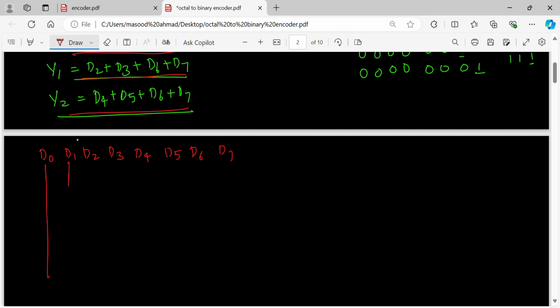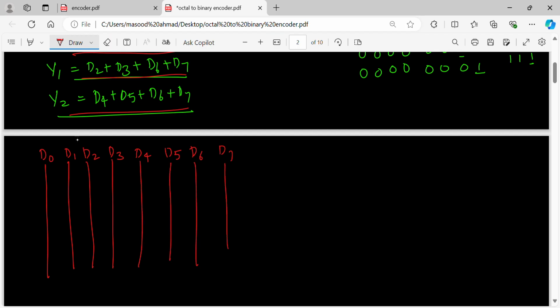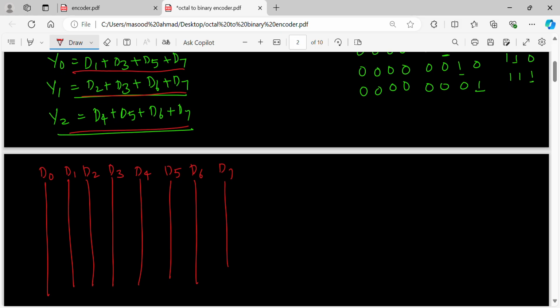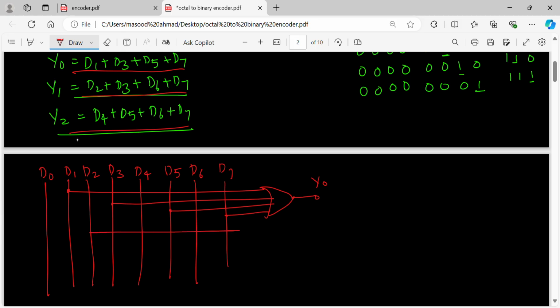These lines are available, and from these I build my outputs. For Y0, you take D1, D3, D5 and D7 and give them to an OR gate, and your Y0 is ready. Next, you take D2, D3, D6 and D7 and give them to an OR gate, and you get Y1.